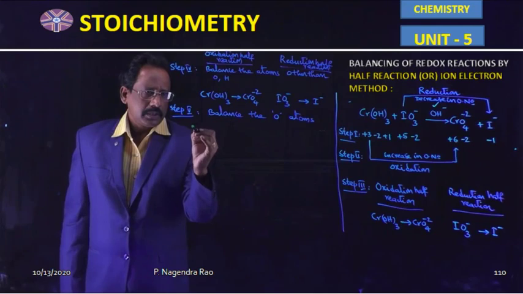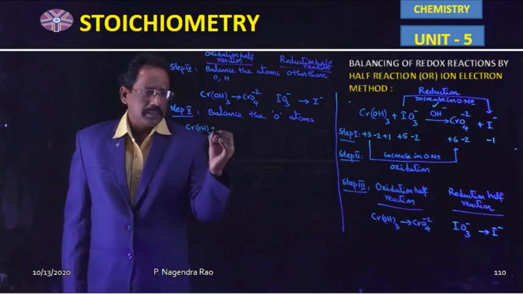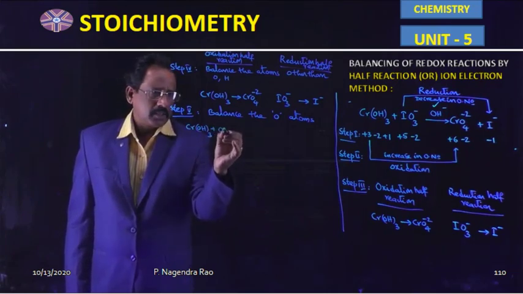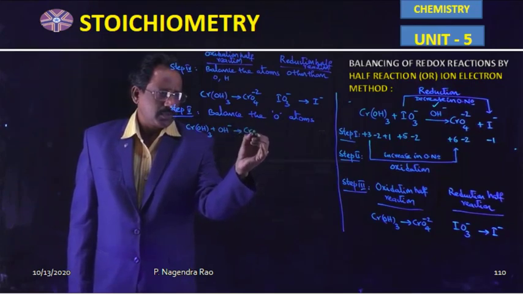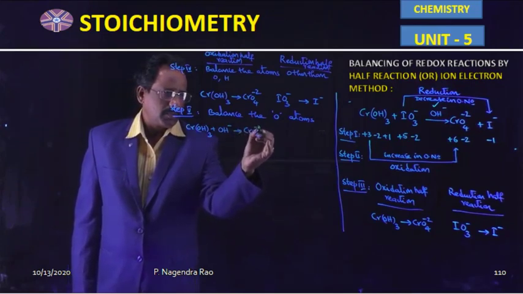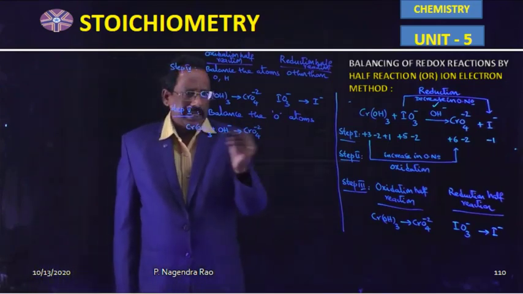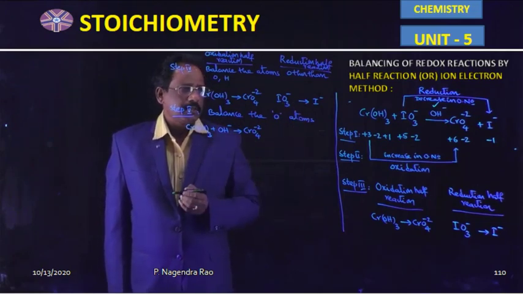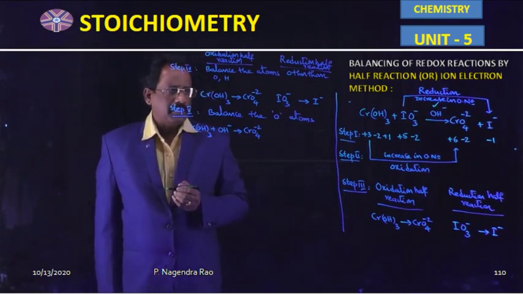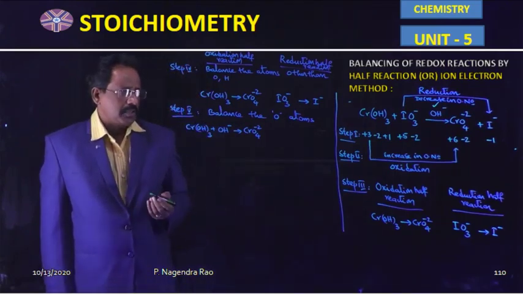So Cr(OH)3 plus OH minus is converted into CrO4 2 minus. Oxygen atoms are balanced. Here in this reduction half reaction, in the reactant side there are 3 oxygens.